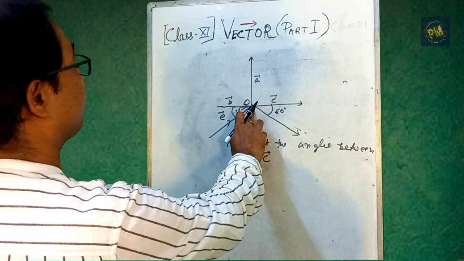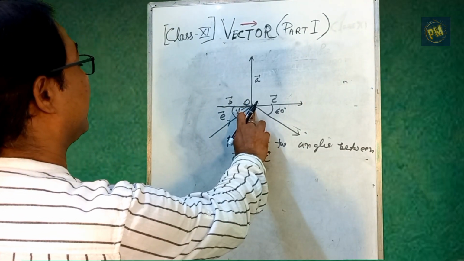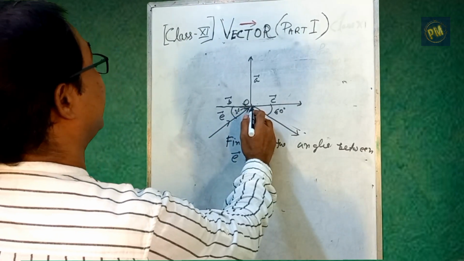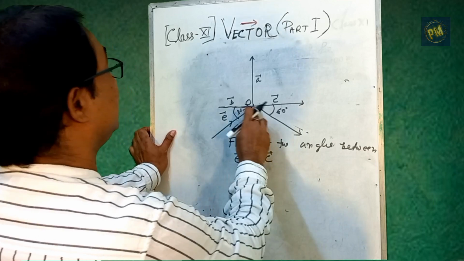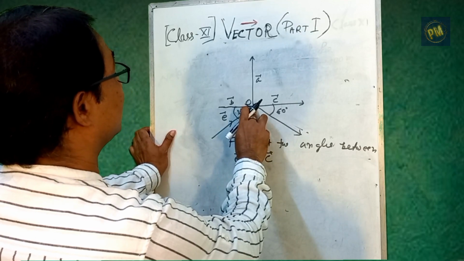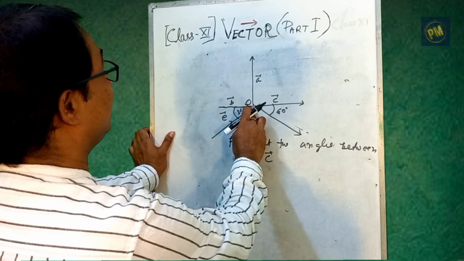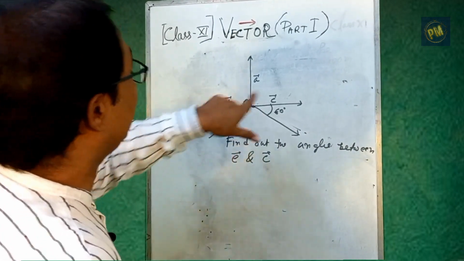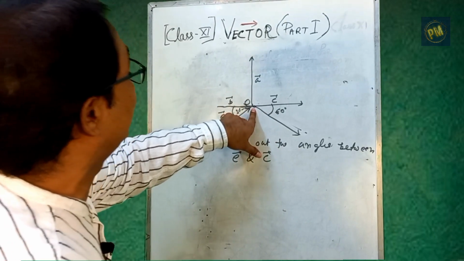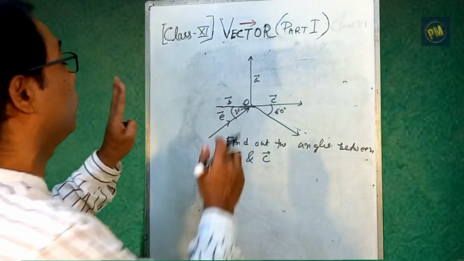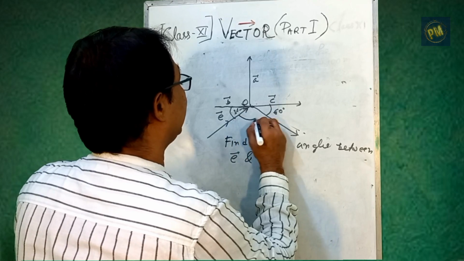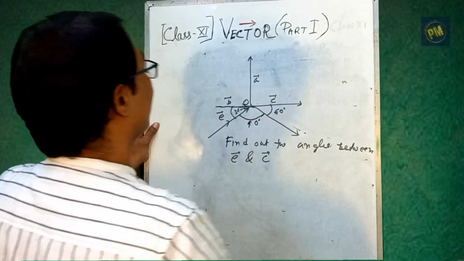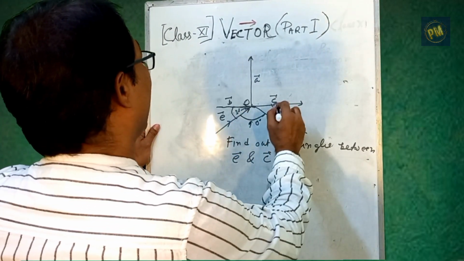Just take the point O. This is the head of the vector E, and this is the tail of the vector C. So the head of the vector E is joined at the tail of the vector C. So this angle is 90 degree, because 60 and 30 make 90.